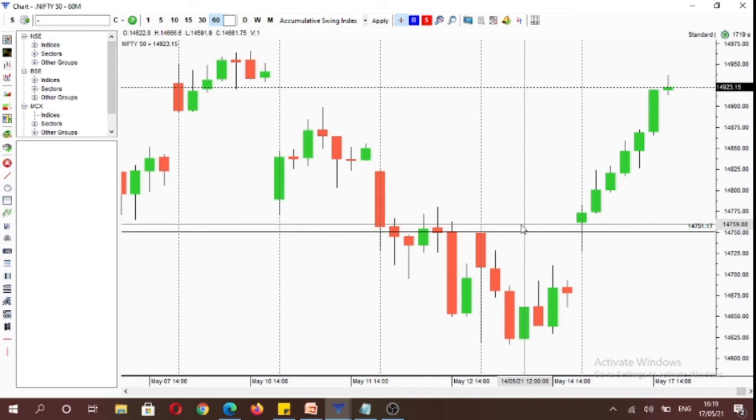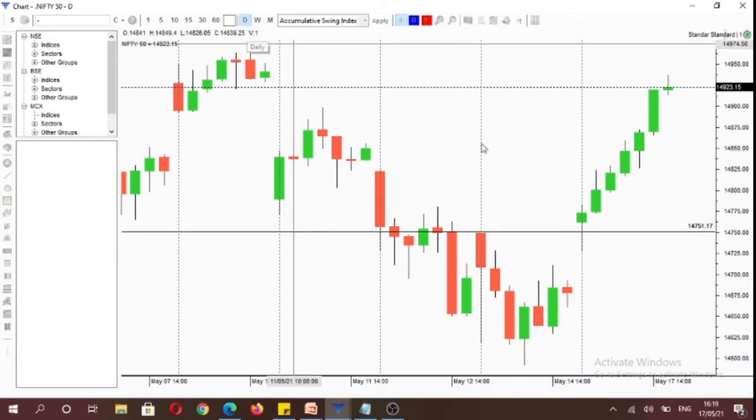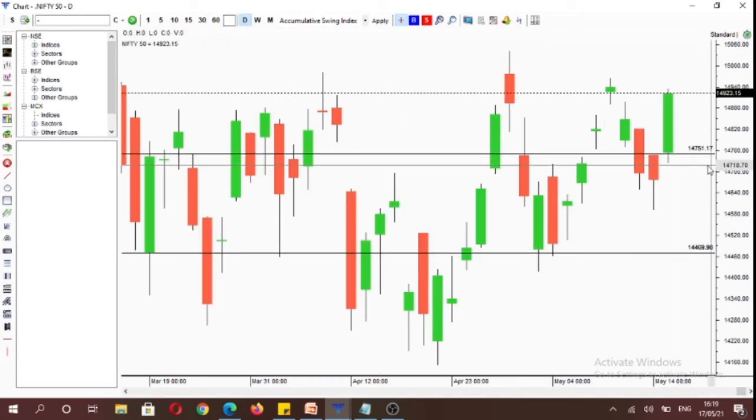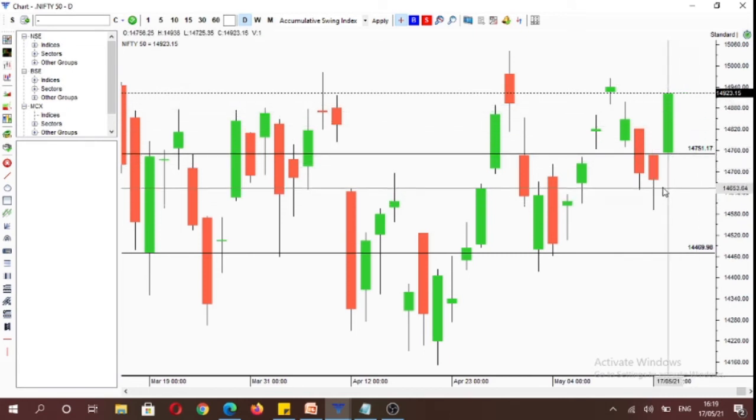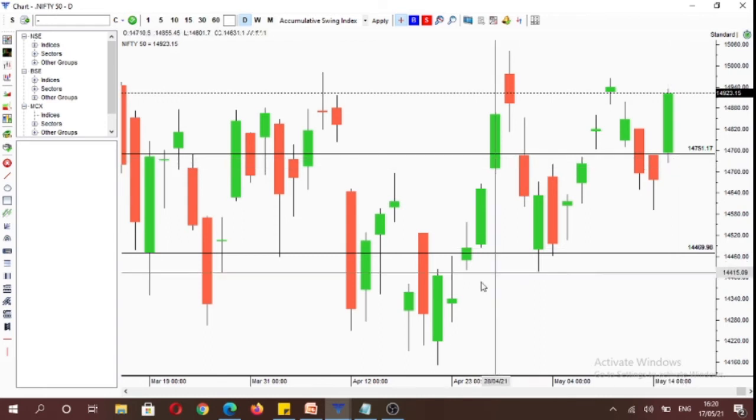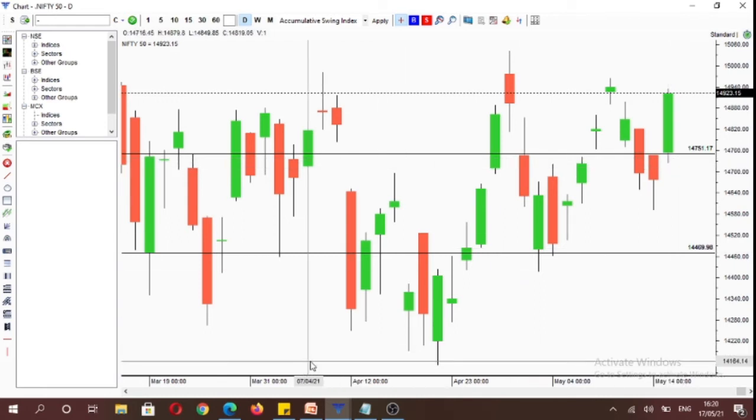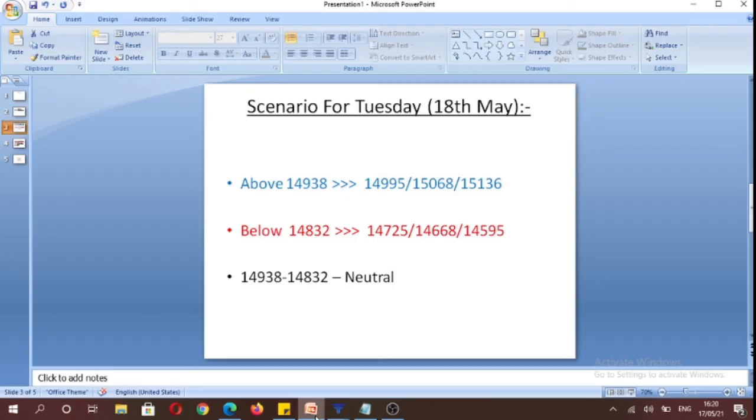And based on the daily time frame, you will see that market has today made a higher high and a higher low. So it could be start of a new uptrend, and based on the daily time frame we get the following scenario for tomorrow, that is 18th May.